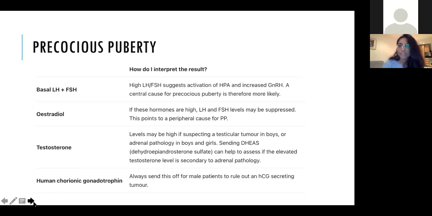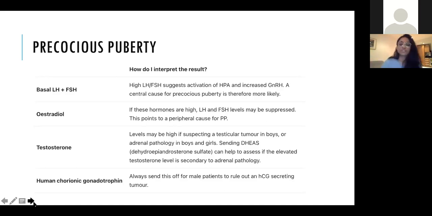Again, that tells you whether it's a central or a peripheral cause, so that helps you narrow it down.